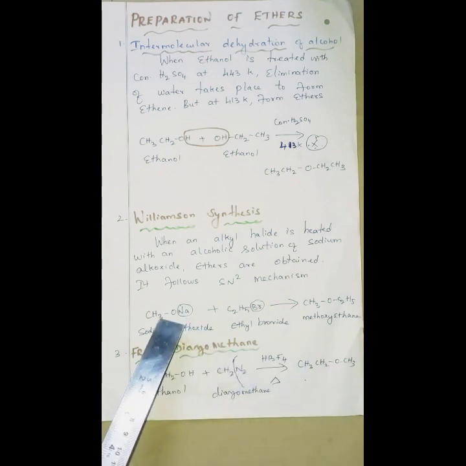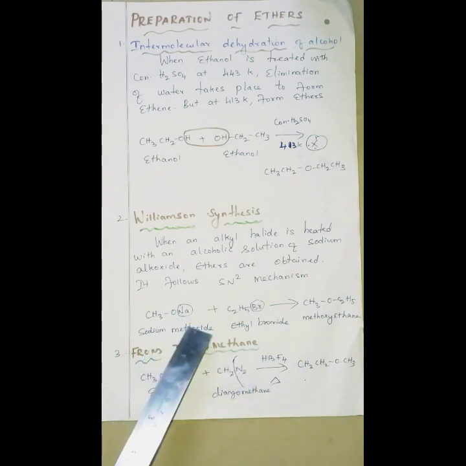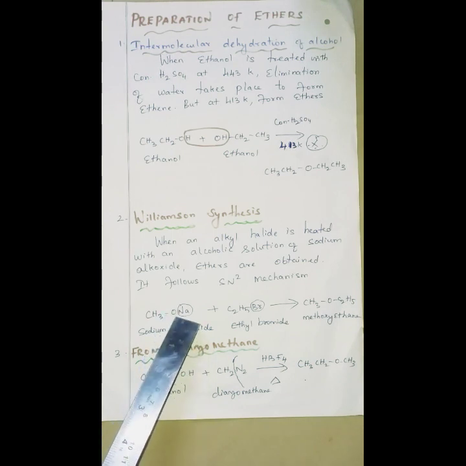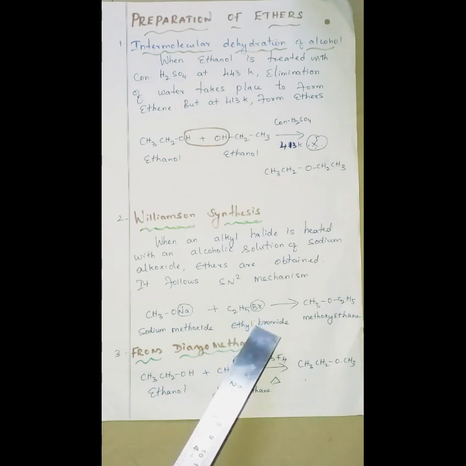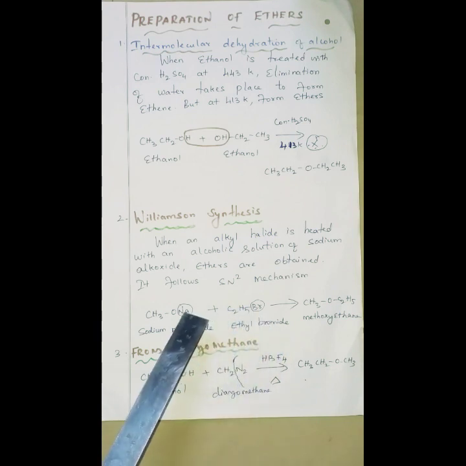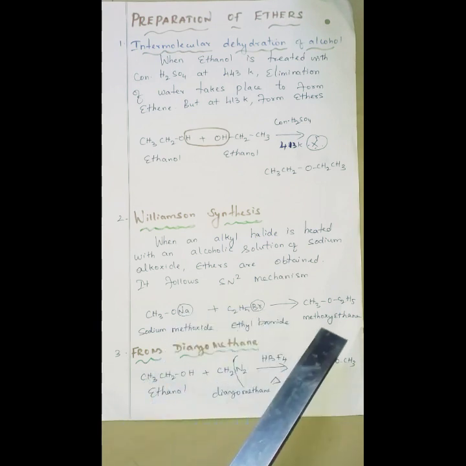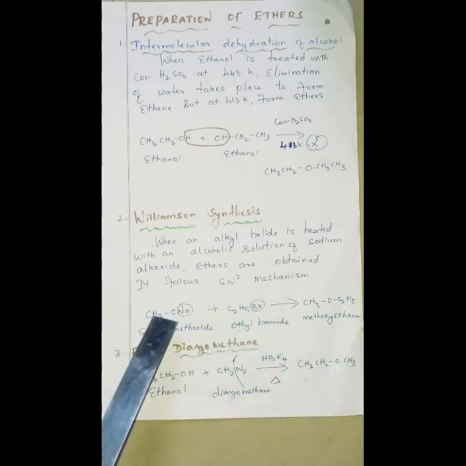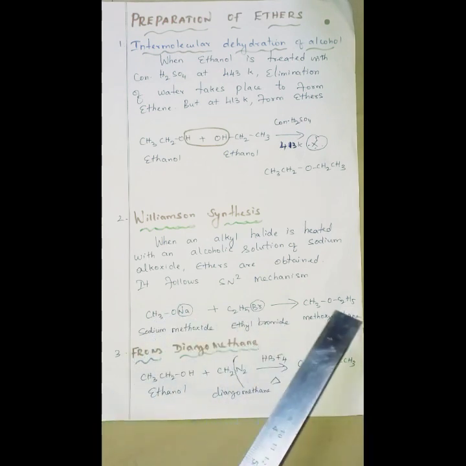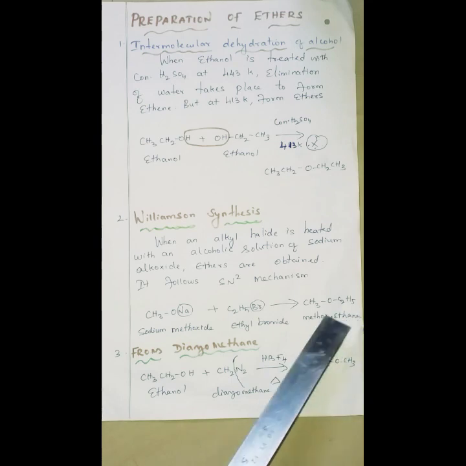See, CH3ONa is sodium methoxide, that is methanol, CH3OH, with sodium instead of H. When treated with ethyl bromide, the Na and Br are removed as NaBr and the remaining is CH3OC2H5. So methoxy ethane can also be prepared.